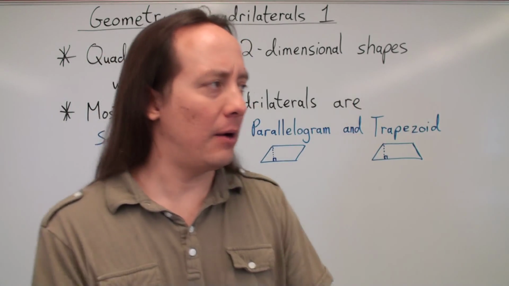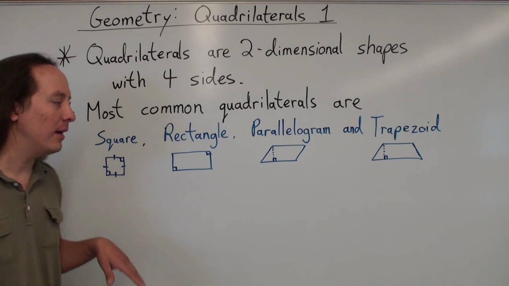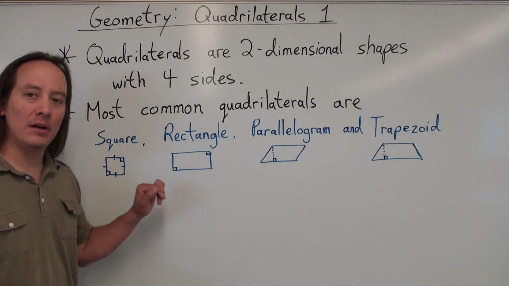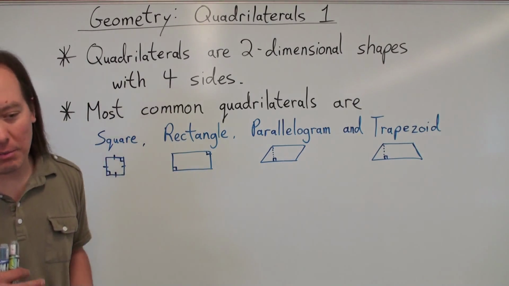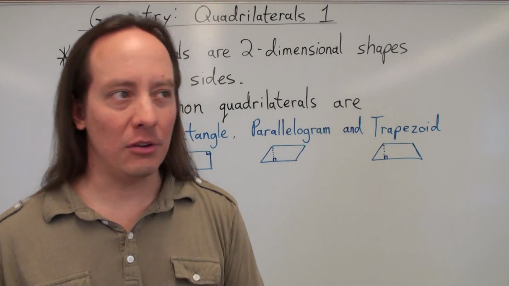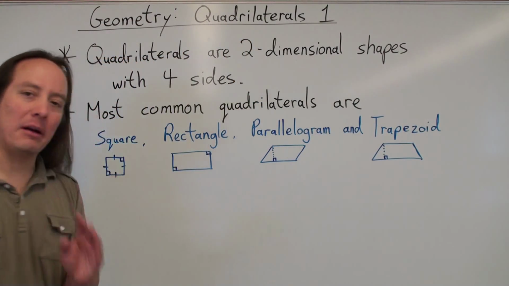Okay? Alright. So the most common quadrilaterals that we'll see typically at this level of math are a square, a rectangle, a parallelogram, and then a trapezoid. Those are the most common that we usually see. I know it might be a little bit hard to see on the screen.